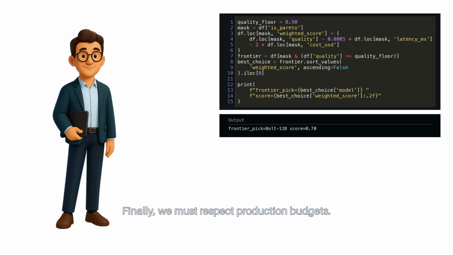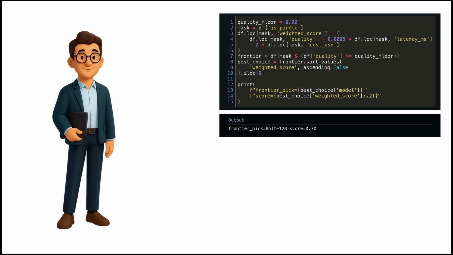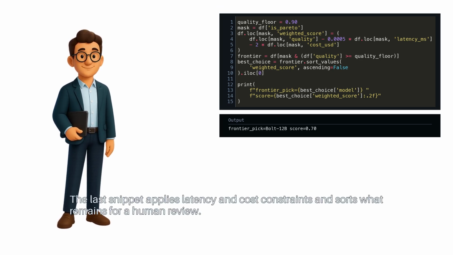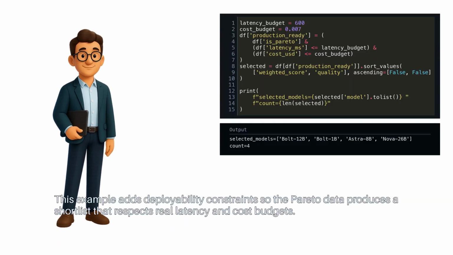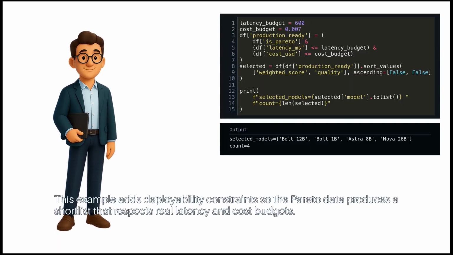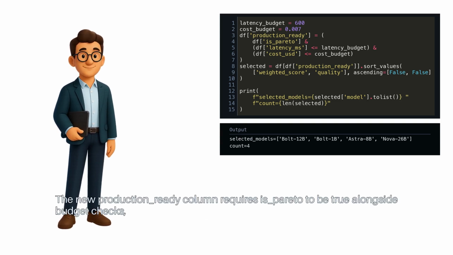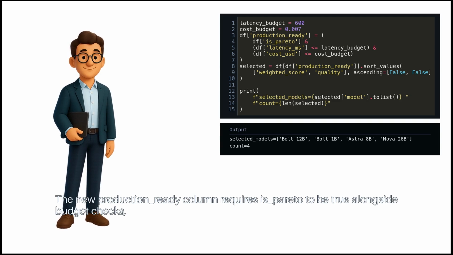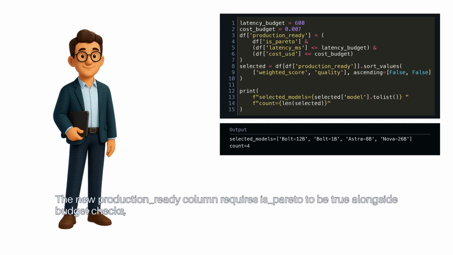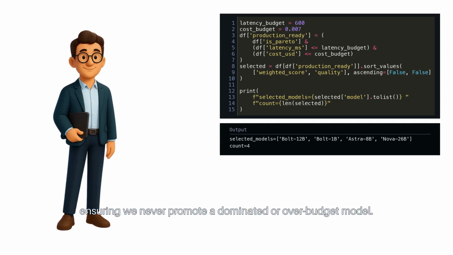Finally, we must respect production budgets. The last snippet applies latency and cost constraints and sorts what remains for human review. This example adds deployability constraints so the Pareto data produces a shortlist that respects real latency and cost budgets. The new production-ready column requires is_pareto to be true alongside budget checks, ensuring we never promote a dominated or over-budget model.